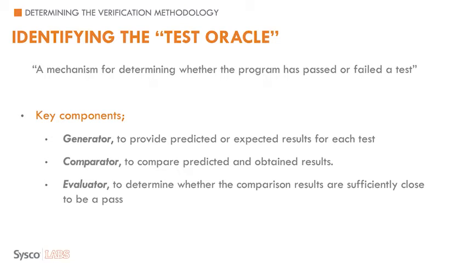If accurate, what's the accuracy rate? That's a simple thing. So our test oracle comprised 3 different components, namely generator, comparator, and evaluator. Why we need a generator, comparator, and evaluator, I'll explain in a while. So just remember these 3 words: generator, comparator, and evaluator.